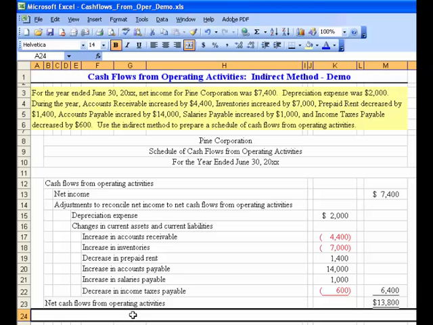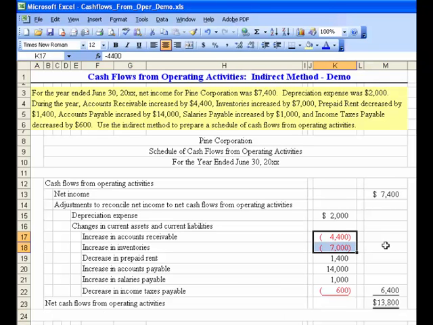the adjustments to reconcile net income to net cash flow from operating activities, the rule is an increase in assets represents a use of cash and has to be shown in a bracketed amount. And you see that in these cells right there.